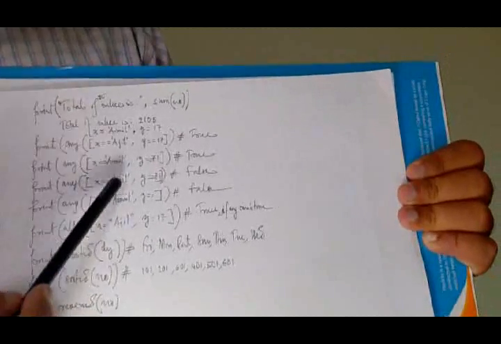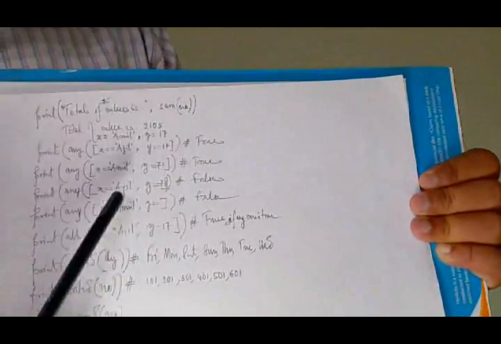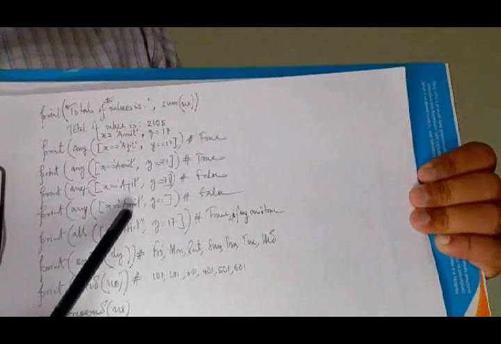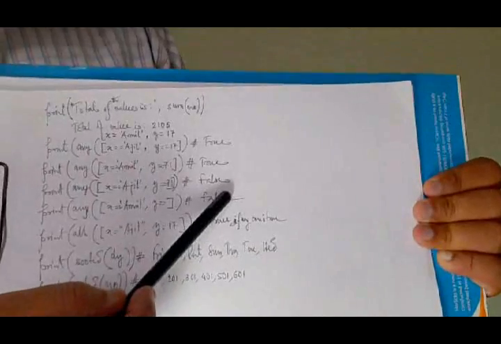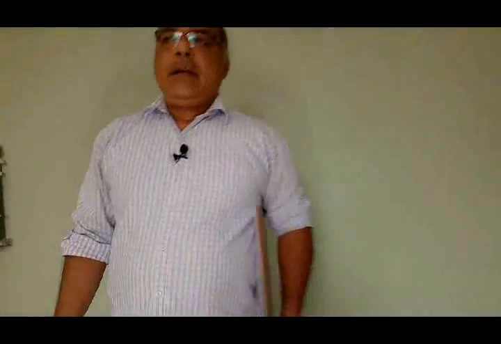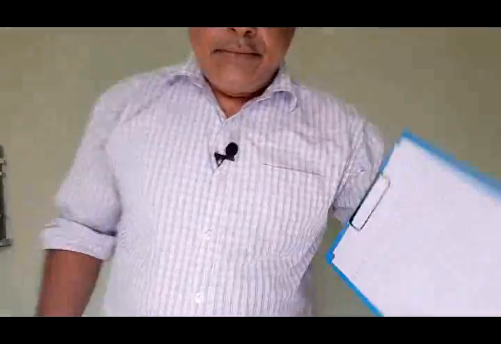So both conditions are not matching, so false. X is equal to Amit, y is equal to blank, nothing, so it will also be false. So this way, the any function checks whether any of the conditions is true or not. Okay. So next is all.